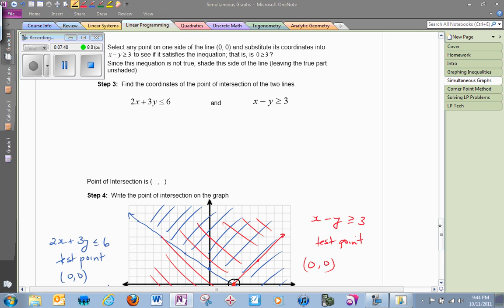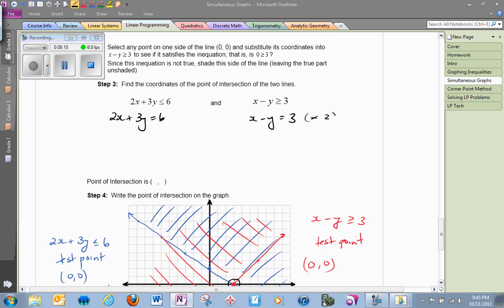So here, I have 2x plus 3y is equal to 6. And I've got x minus y is equal to 3. I may use either substitution or elimination. Because I like elimination, that's what I'm going to use. So I've got 2x plus 3y is equal to 6.